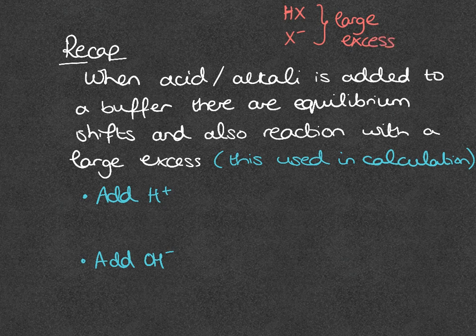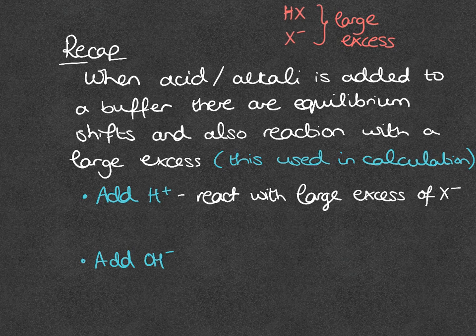So let's have a think about what would happen if we add H plus. In terms of what will happen with the large excess of substances that are there in that buffer, the H plus will react with the large excess of X minus, leading to an increase in the concentration of HX and a decrease in the concentration of X minus.